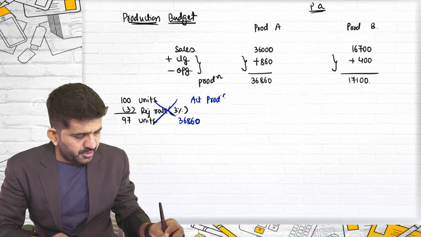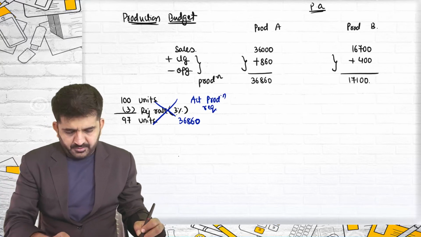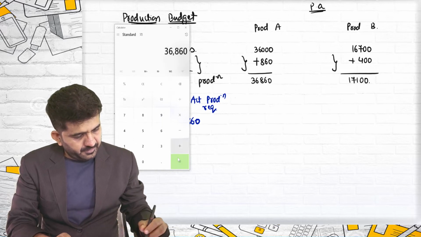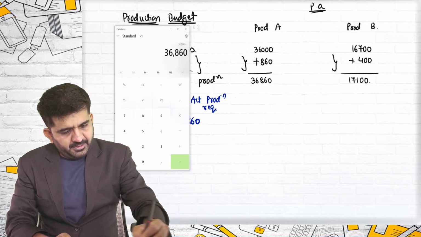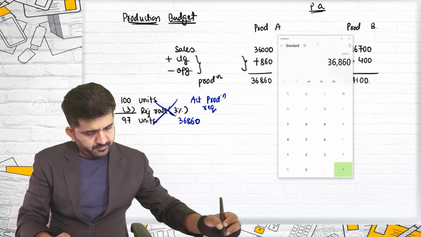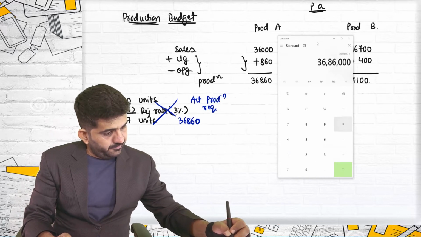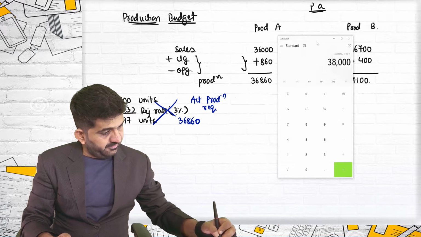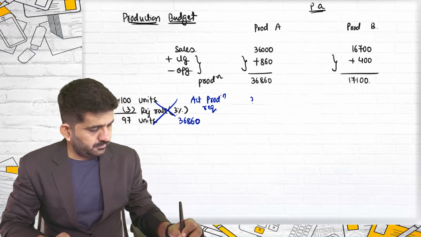Actual production required will be 36,860 multiplied by 100 divided by 97, which is 38,000.